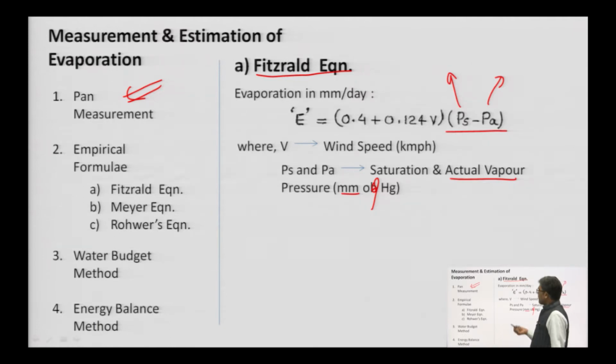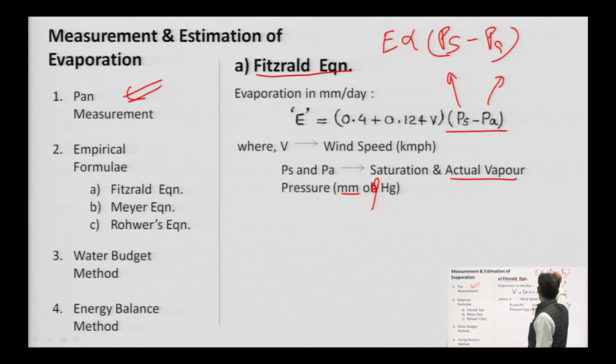Through this equation we can calculate the evaporation, and it is based on the Dalton principle, because I told you in the previous class that evaporation is dependent upon Ps minus Pa.